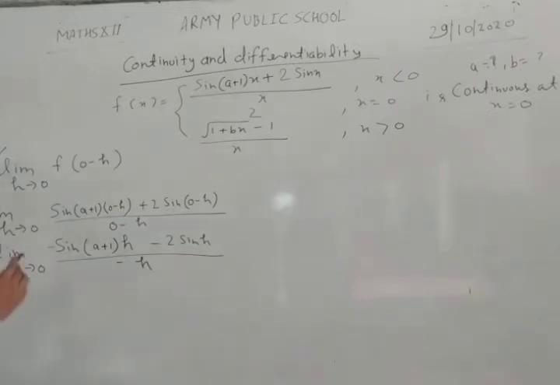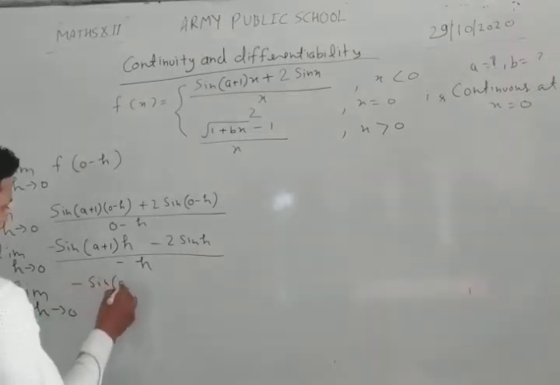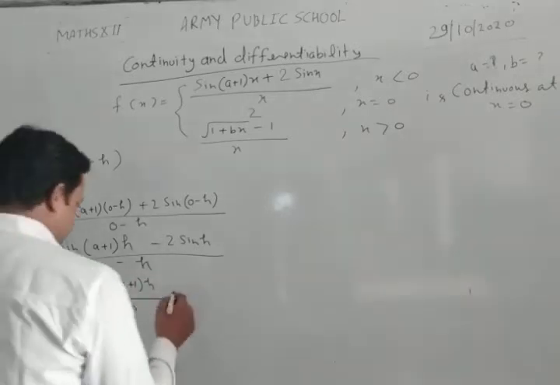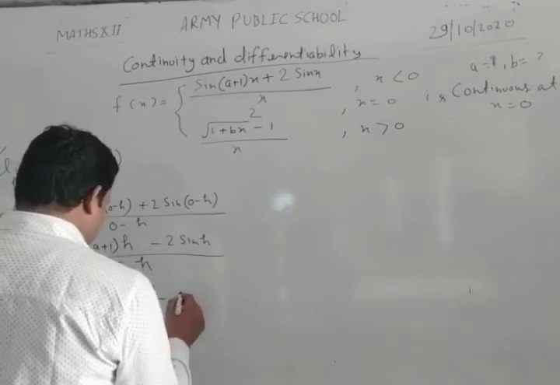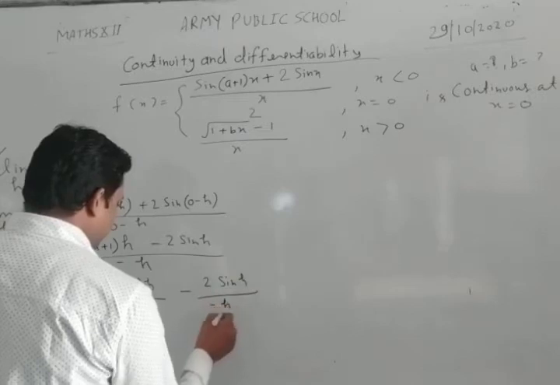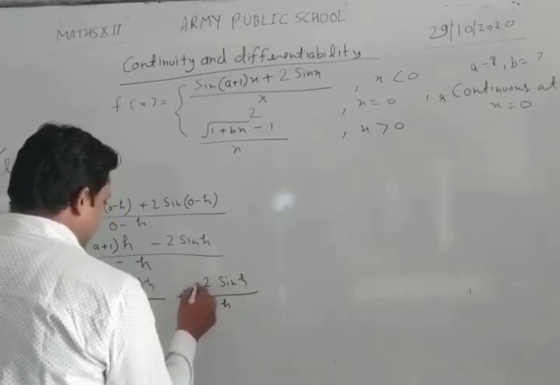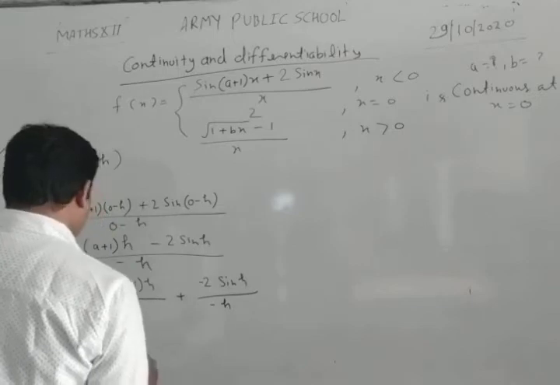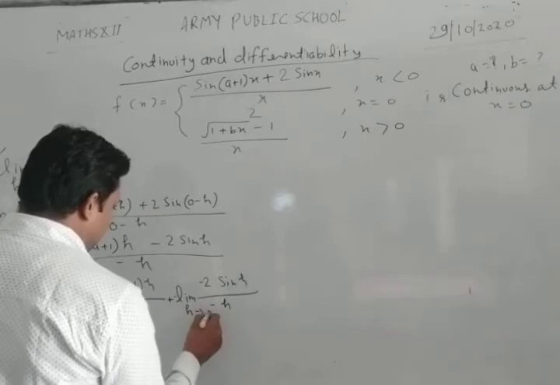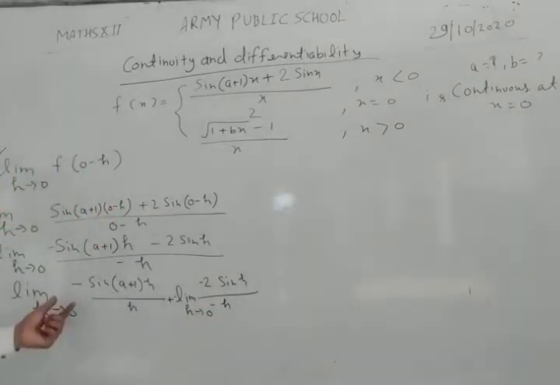When we separate it, we get limit h tends to 0 of -sin(a+1)h by h, and -2 sin h by -h. If we are writing plus, we write minus here, and the limit will also be separate.